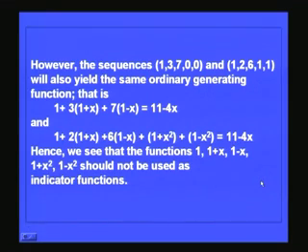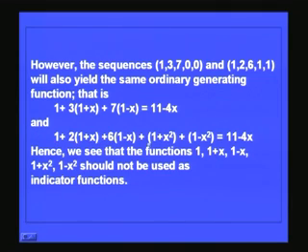See, suppose you take the sequence as 1, 2, 6, 1, 1. Let us see what is the ordinary generating function for the same set of indicator functions. We have 1 into 1, 2 into 1 plus x, 6 into 1 minus x, 1 into 1 plus x squared, 1 into 1 minus x squared. If you simplify this, you get 1 plus 2 plus 6 plus 1, which gives you 11.